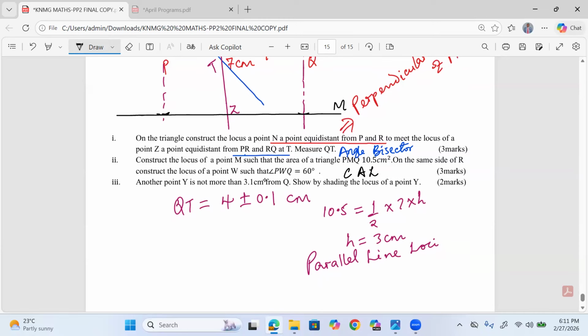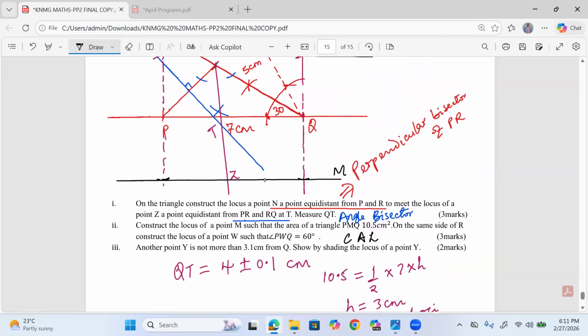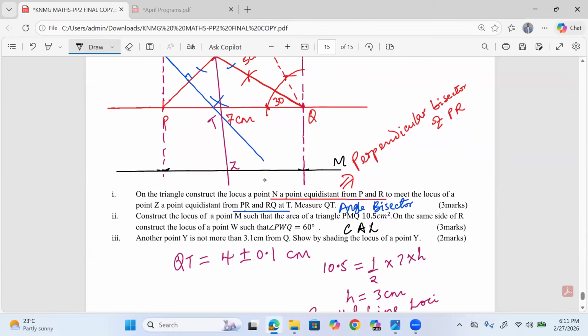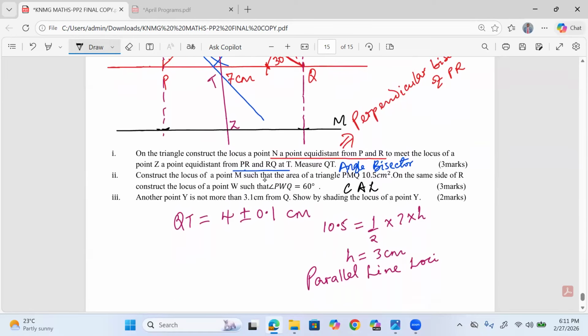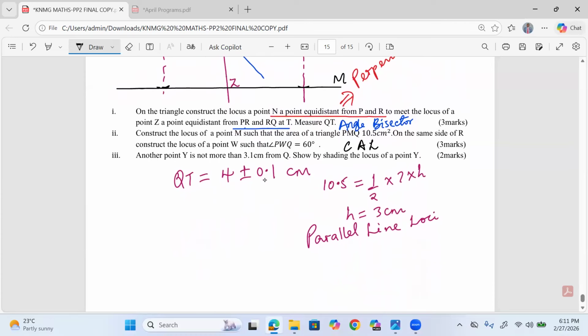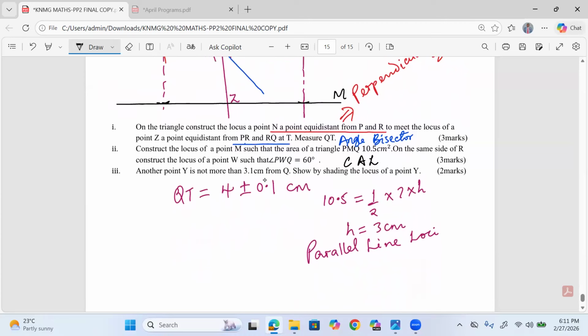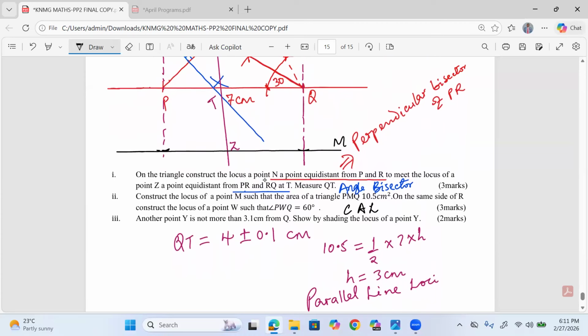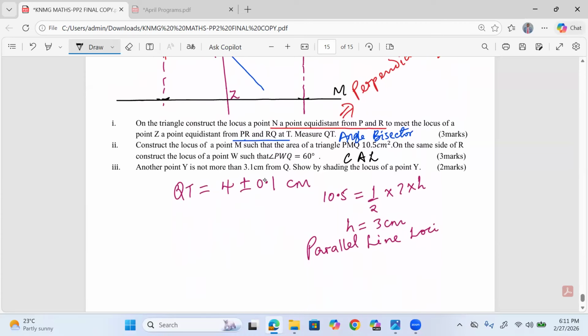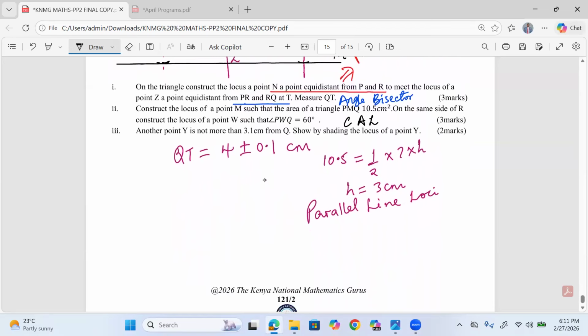On the same side of R, construct the locus of a point W such that the angle PWQ equals 60. So with PQ, we need to construct a circle locus of 60 degrees.